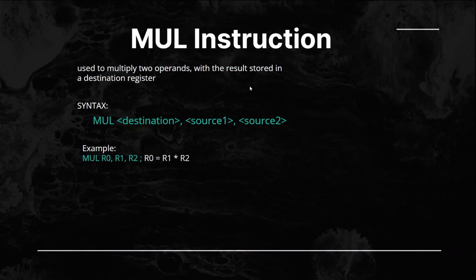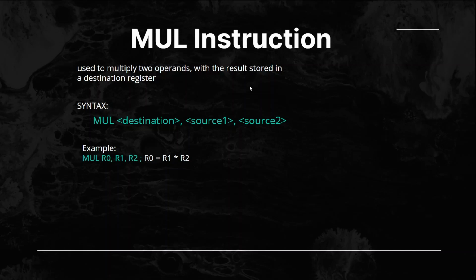In this example, we have taken the destination register R0 while the sources are R1 and R2. Here you can take both the sources as immediate values. In the example, we are storing the result of R1 and R2 when multiplied in R0.